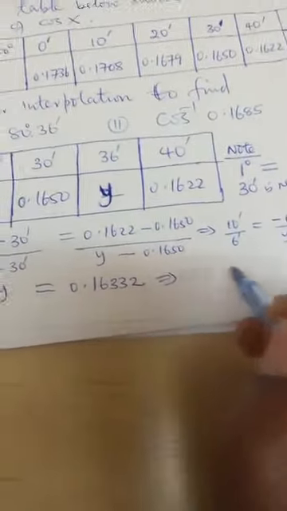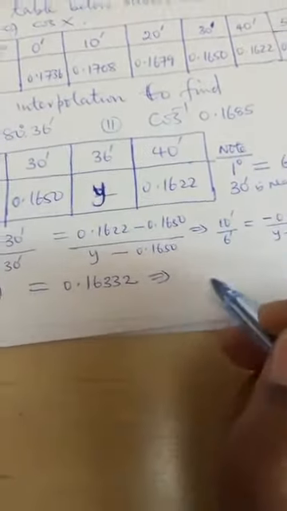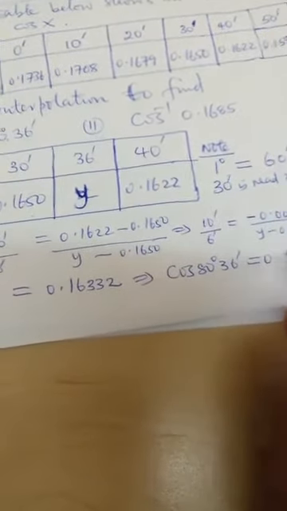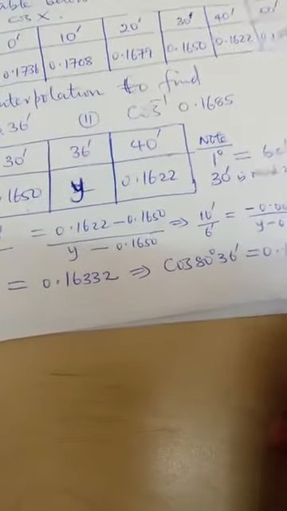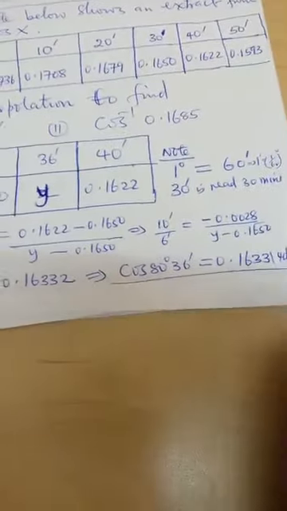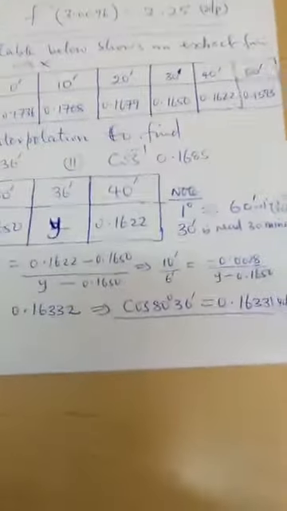But remember, we have 4 decimal places, and therefore our value for the cosine of 80 degrees 36 minutes would be 0.1633 to 4 dps.